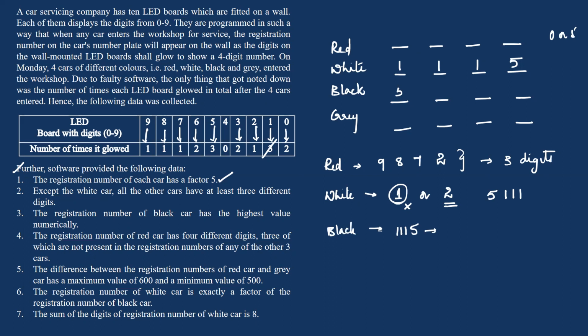So if this is 5, then you can have... For example, let me assume this as 0. Okay, so this can be 2, and in that case this can be 3.